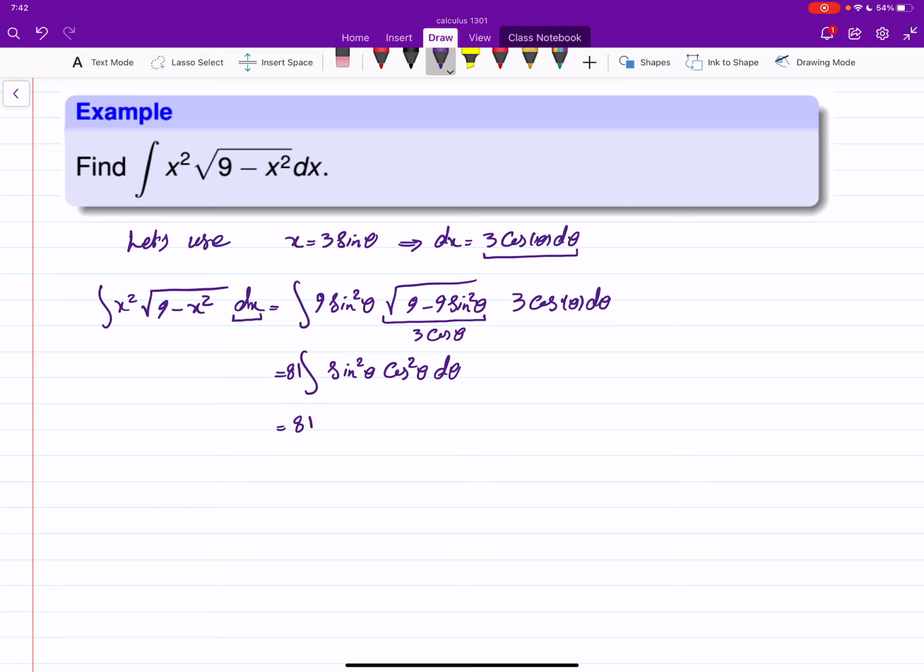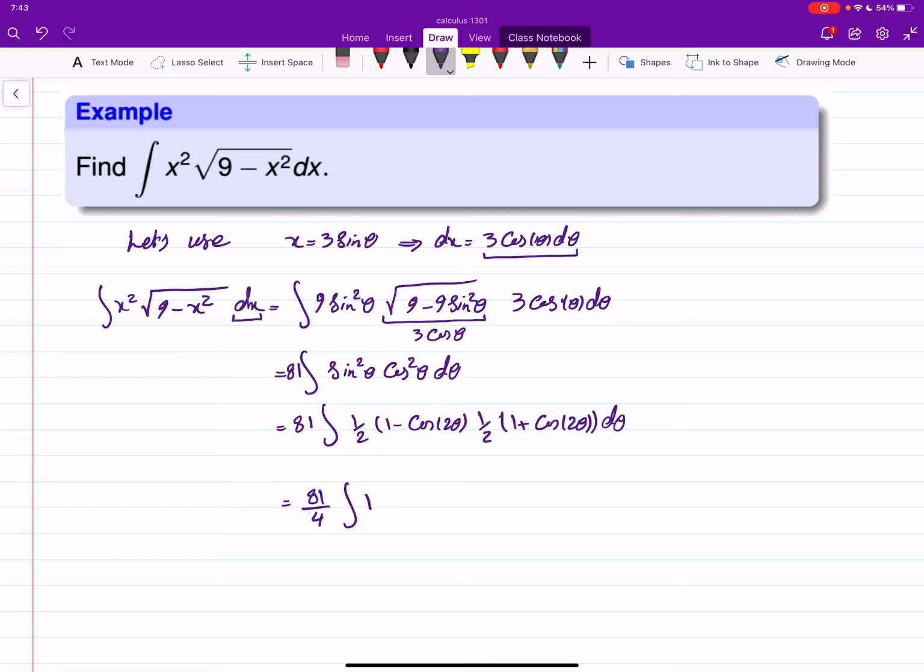In this case, we need to use the power reduction formula for sine and cosine, or basically half angle formulas. So this will be half of 1 minus cosine 2 theta, and the other one half of 1 plus cosine 2 theta d theta. Let us put those constants outside: 1 minus cosine 2 theta times 1 plus cosine 2 theta.